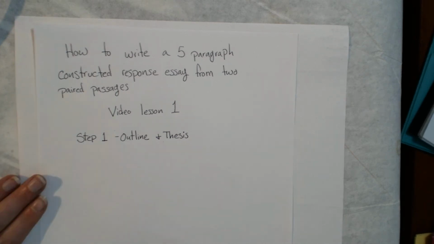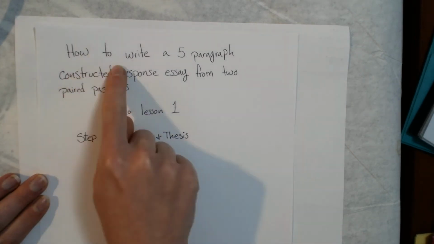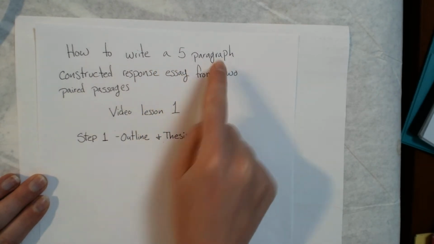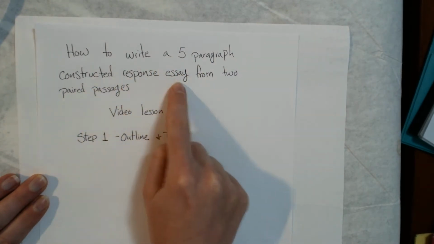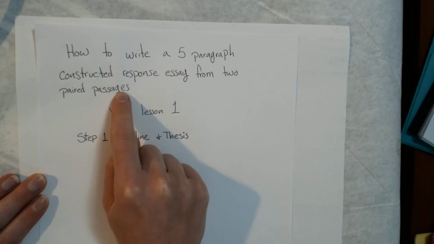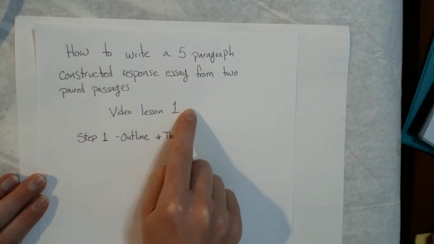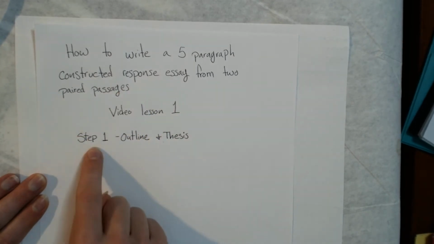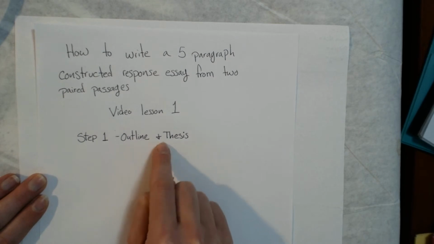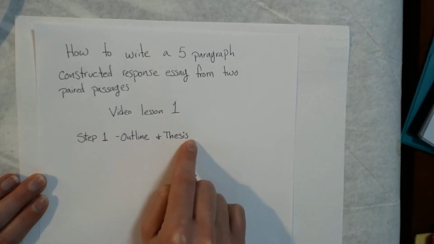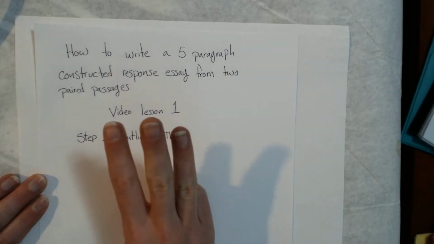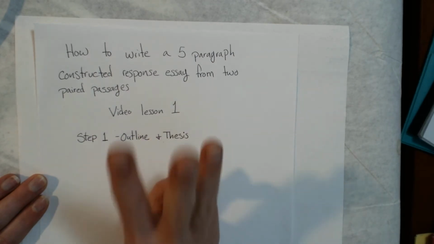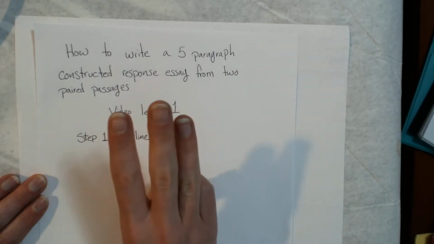and writers. Today we're going to talk about how to write a 5-paragraph constructed response essay from 2 paired passages. This is our video lesson 1, and we're going to talk about step 1, which is our outline, and the thesis, because it's our one sentence with our 3 big points for our essay.